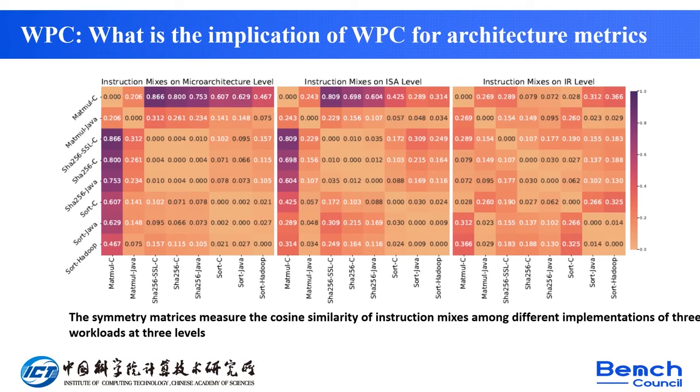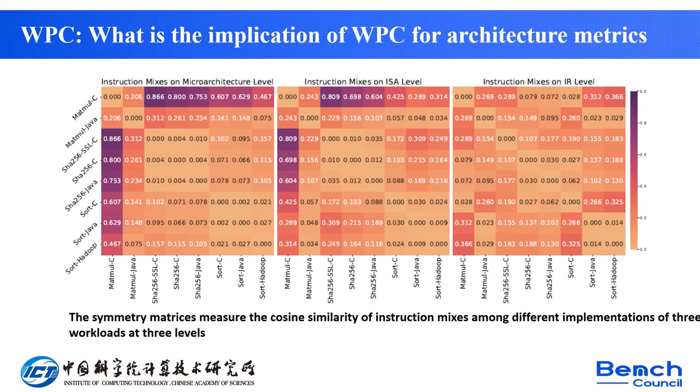For example, Sort Java and Sort C have high similarity at both ISA and microarchitecture levels, and their cosine distance is not more than 0.14.